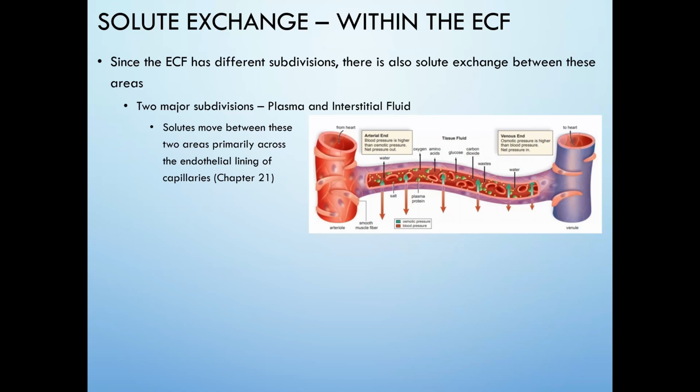So we talked about capillary exchange, and that is where you move water and solutes between the plasma, which is in the blood, and the interstitial fluid, which is out here. So you are moving it between the two subdivisions of the extracellular fluid.